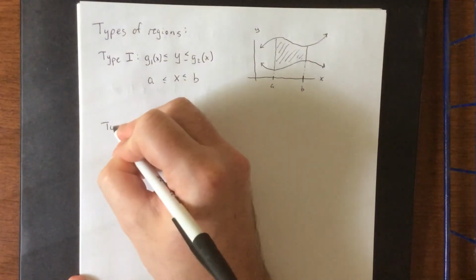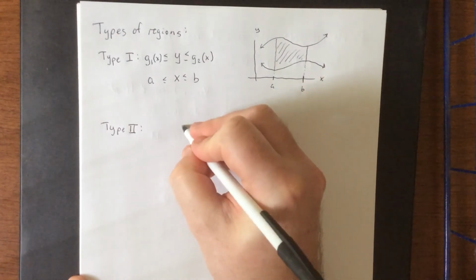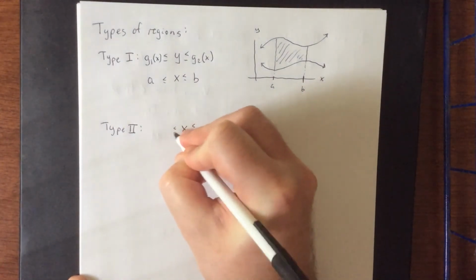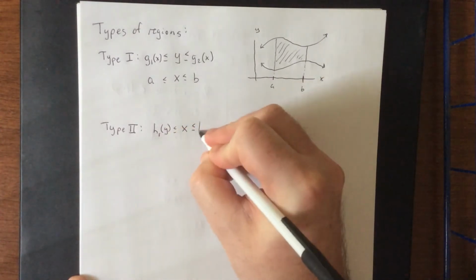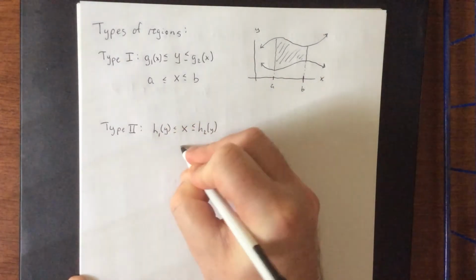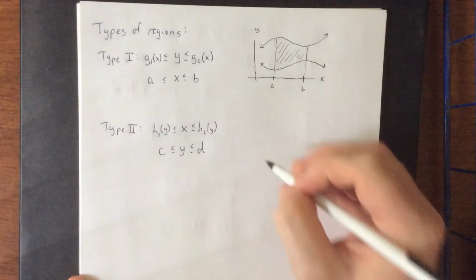For a type 2 region, we're going to go ahead and reverse the roles of x and y. We'll say that x is bounded between two functions of y, we'll call them h1 of y and h2 of y, and then y is bounded between two constants, c and d.